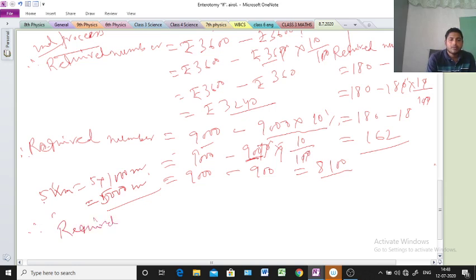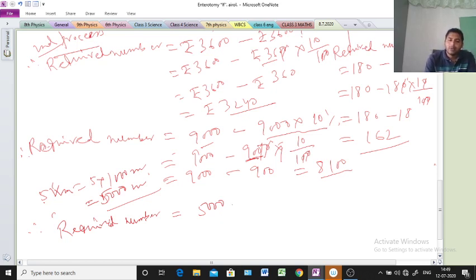Required number means what we are going to find out, what we need. Required number equals 5000 minus 5000 into 10%. We can put the unit here also, otherwise no need to write; at last we will write the unit.